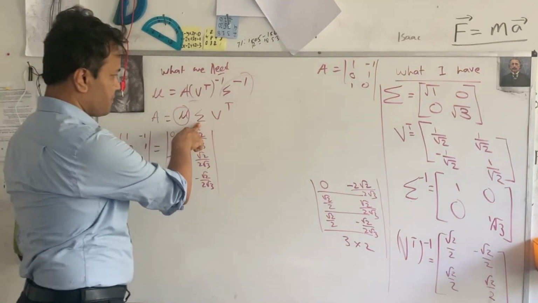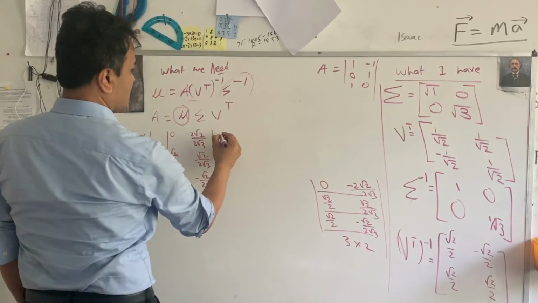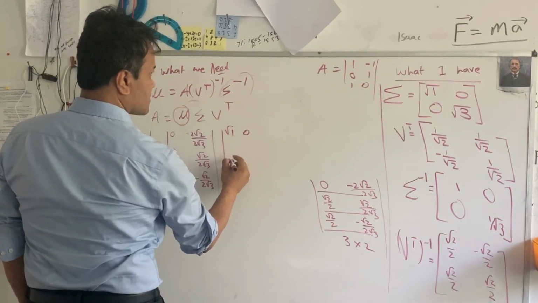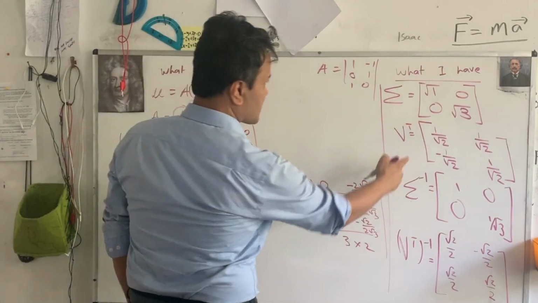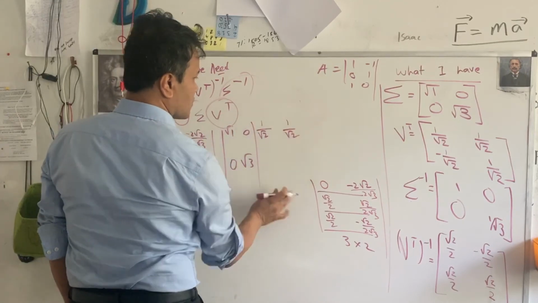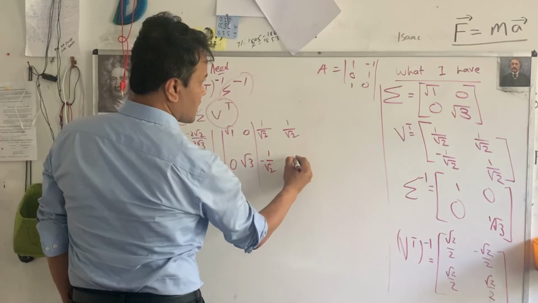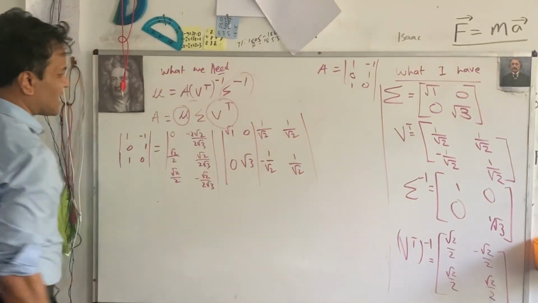And our sigma is square root of 1, 0, 0, square root of 3. And our V transpose is 1 over the square root of 2, 1 over the square root of 2, negative 1 over the square root of 2 and 1 over the square root of 2. Then I'm going to multiply these.